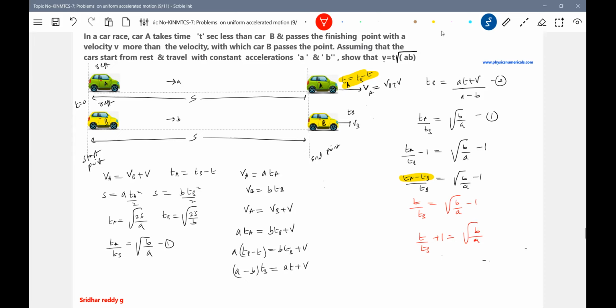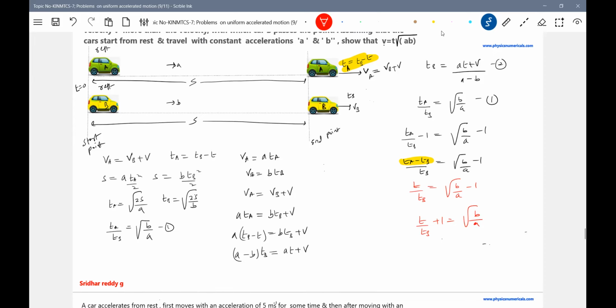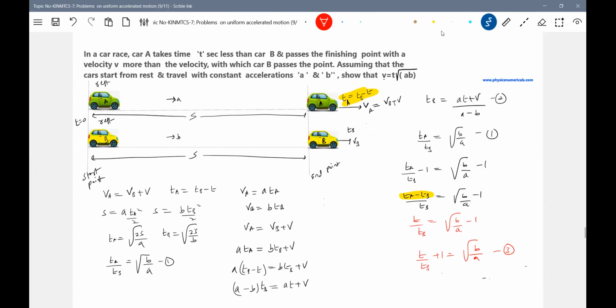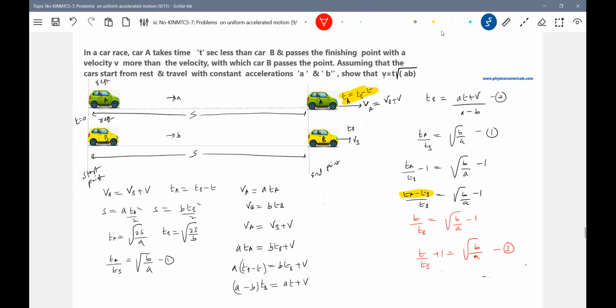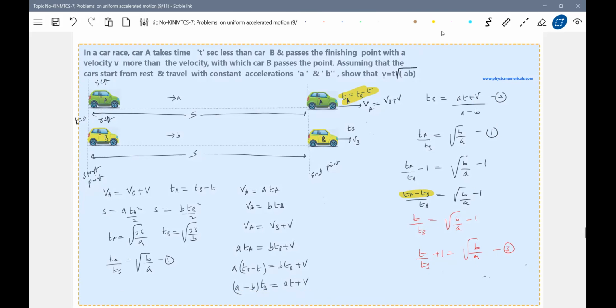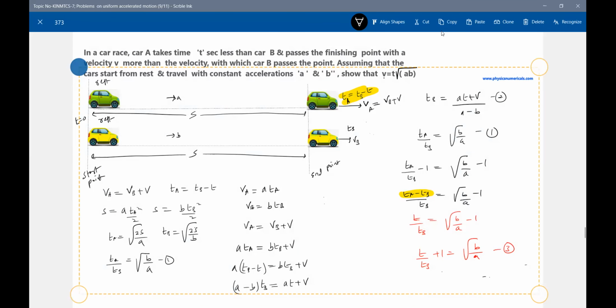What is the value of TB? TB I had here, no? Let me substitute that. Oh, I am running out of space. Let me shift the old data up.